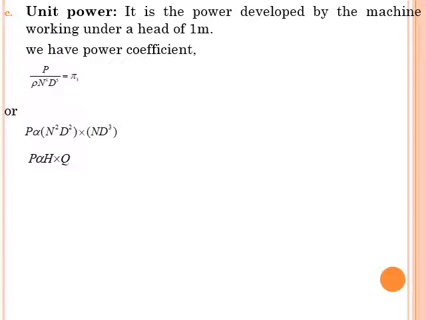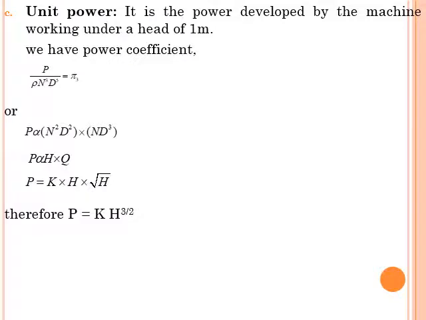According to the head coefficient, N square D square is proportional to H, and according to the flow coefficient, N D cube is proportional to Q. So this expression becomes P directly proportional to head into discharge. Further, P equals K, a proportional constant, into H, into Q, which can be written as square root of H according to the unit flow.